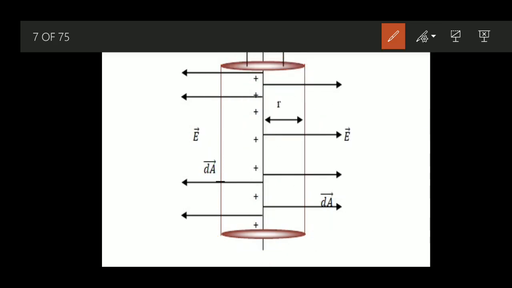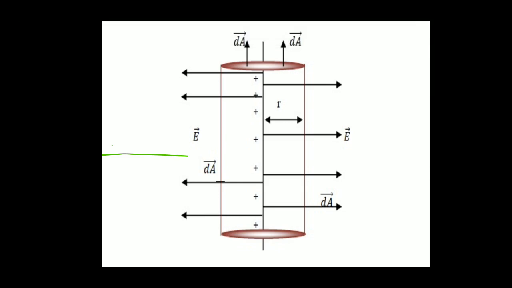I'll say once again, there are three surfaces. This is one flat surface, there is another flat surface at the bottom, and the third surface is called a curved surface.